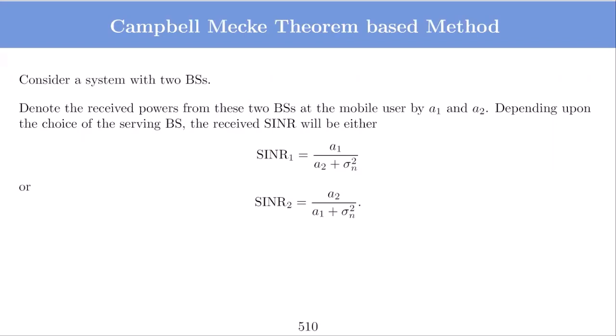If you select base station 1 as the serving base station, the SINR would be A1 upon A2 plus sigma n square, which we call SINR 1. If you select the second base station, the SINR would be A2 upon A1 plus sigma n square, which is SINR 2. If you select the first base station, A1 is the serving power and A2 is the interference. If you select the second, A2 is the serving power and A1 is the interference.